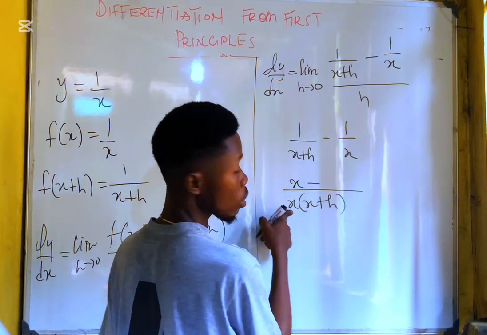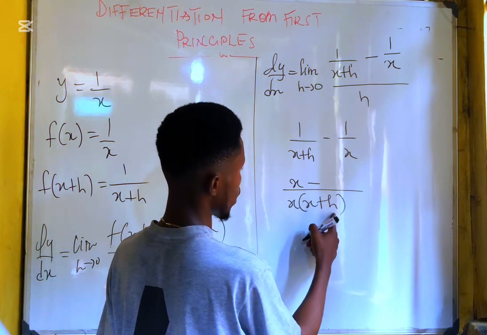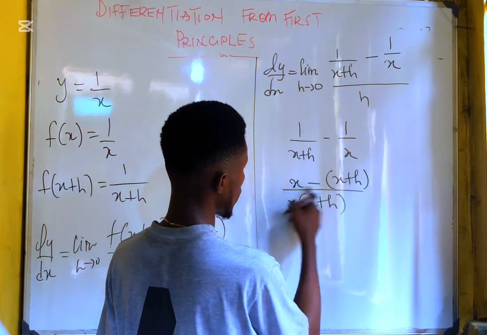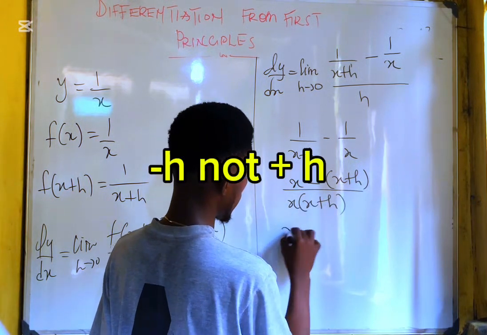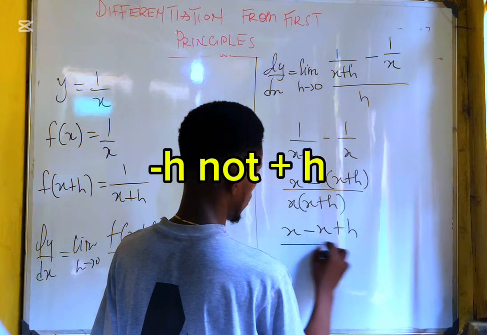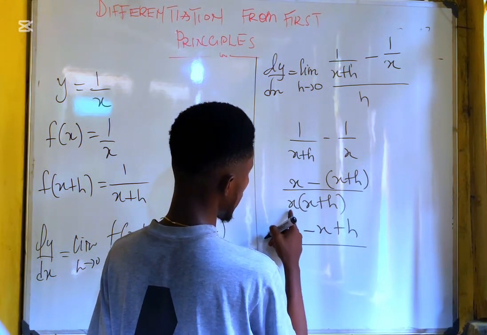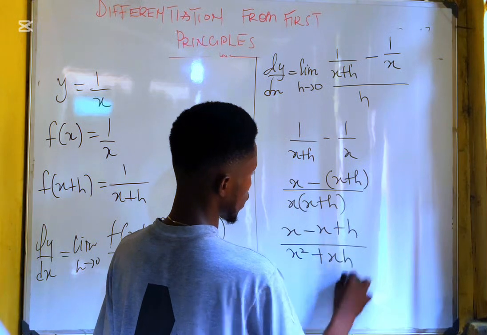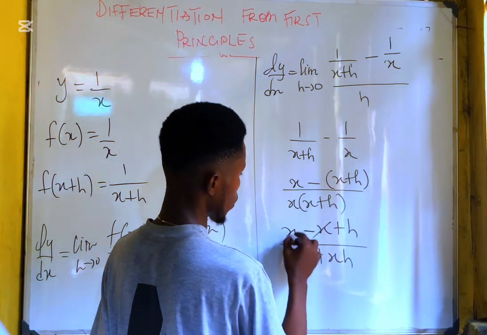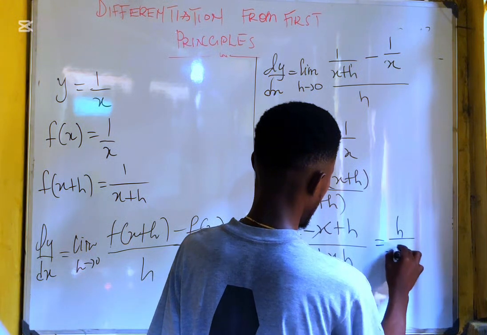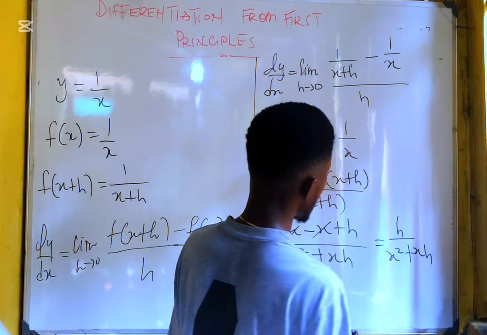Minus x goes into itself 1, leaving x plus h; x plus h times 1 is x plus h. So if I expand this, I have x minus x plus h, all divided by x times x plus h, which is x squared plus xh. So this x will cancel with this x, leaving minus h over x squared plus xh.